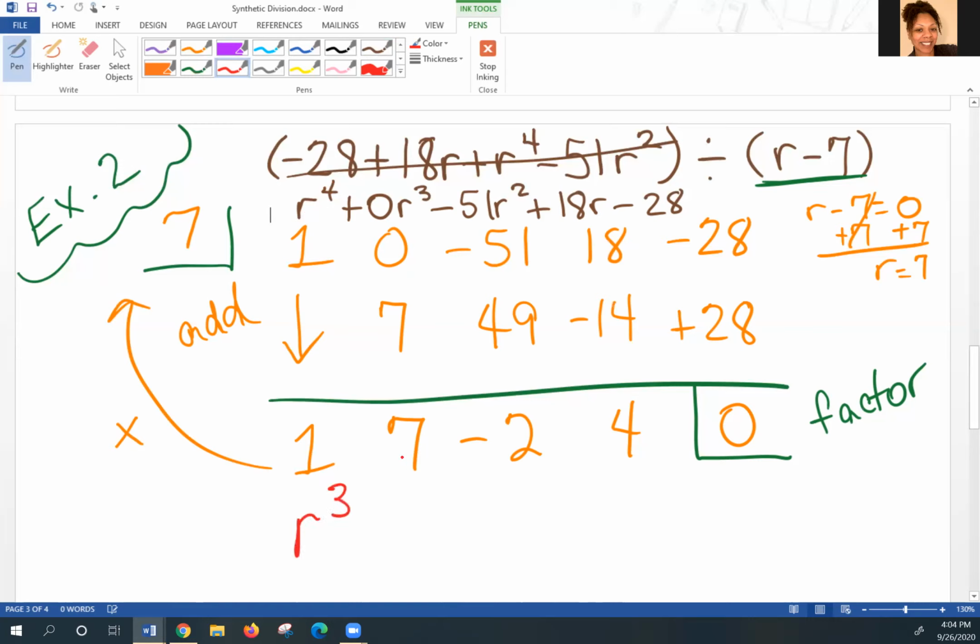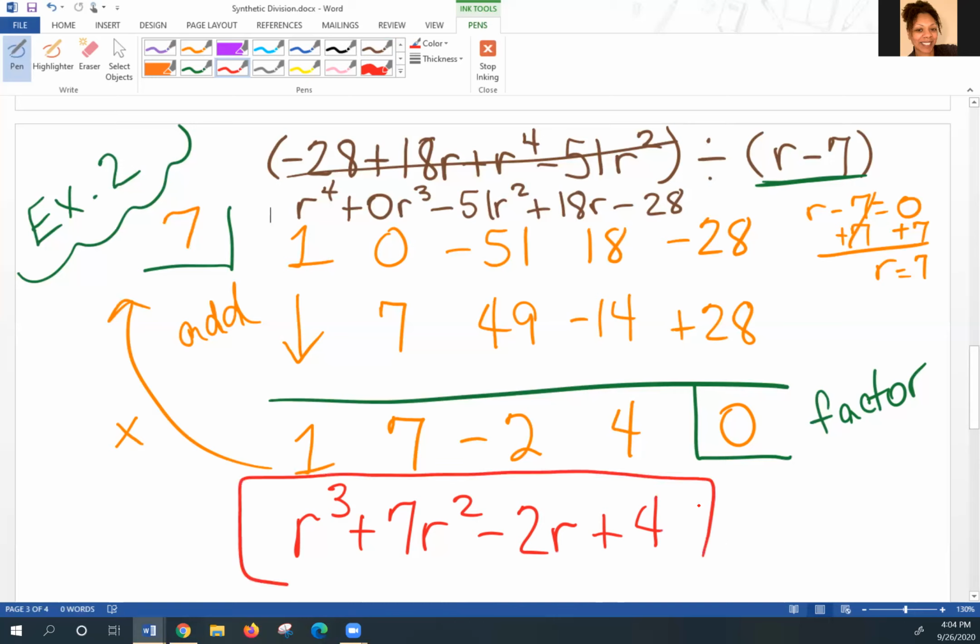Then I go to the next coefficient, which is 7, and I count down with my exponents: r squared, negative 2r, positive 4, it doesn't have a variable, and since I don't have a remainder, I do not have to put 0 over the divisor. This is my answer. So r cubed plus 7r squared minus 2r plus 4 is the answer once you go back and rewrite with your variables.